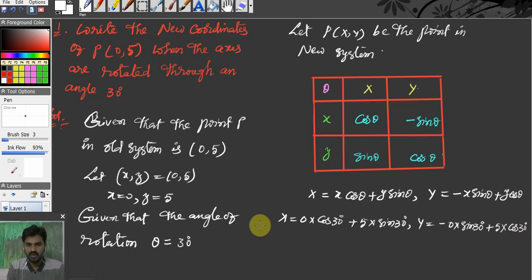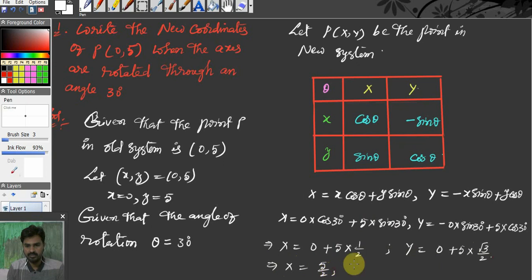So you have to substitute the angles. 0 into anything is 0 plus 5 into sine 30 degrees, which we know is 1 by 2. Capital Y is equal to 0 into anything 0 plus 5 into cos 30 degrees, which is root 3 by 2. So finally you get capital X is equal to 5 by 2, capital Y is equal to 5 root 3 by 2.